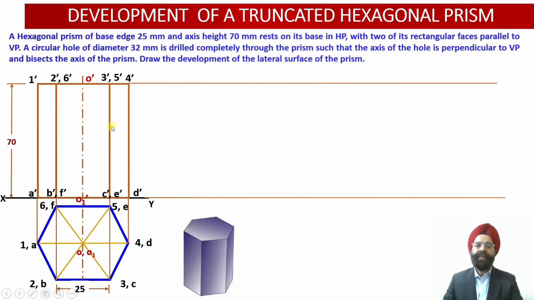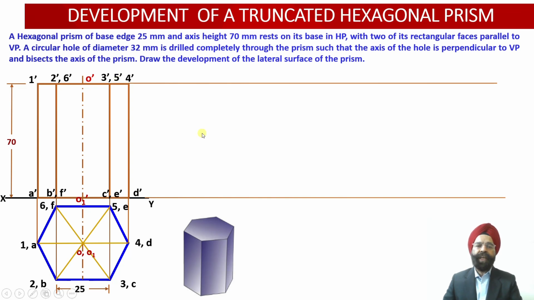So that is why we are not able to see any dotted line projections corresponding to the vertical edges 6'F' or 5'E' in the elevation projection view.